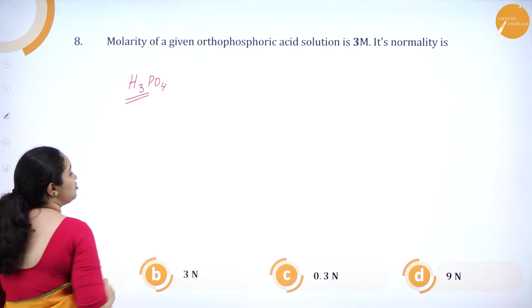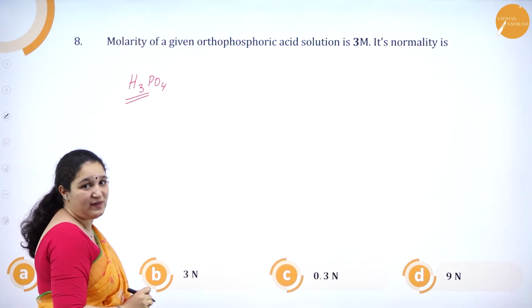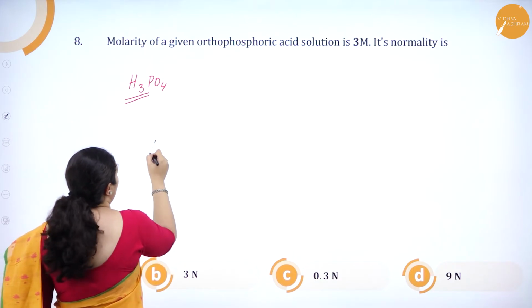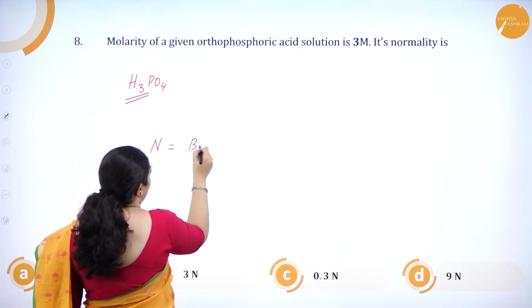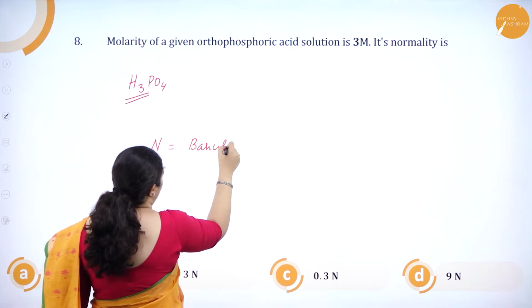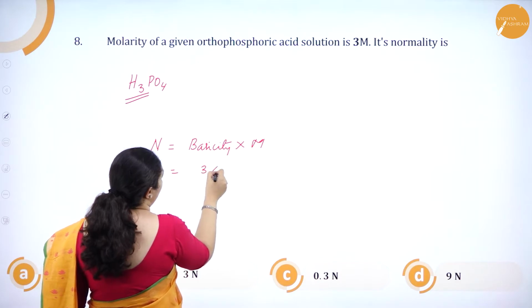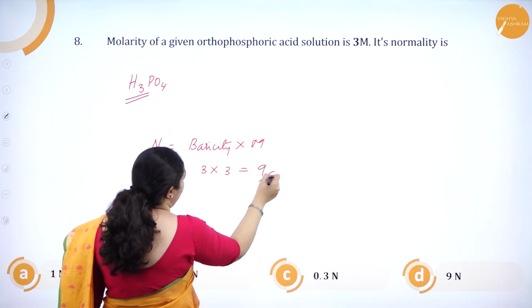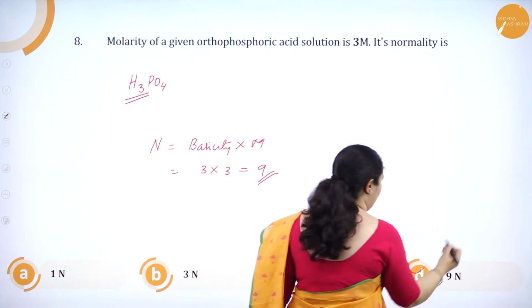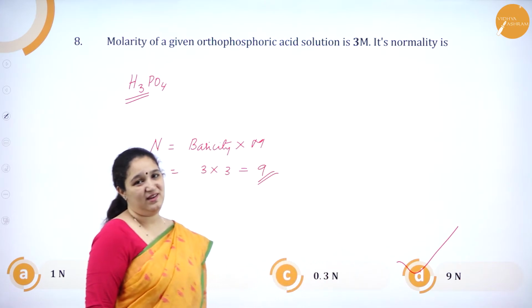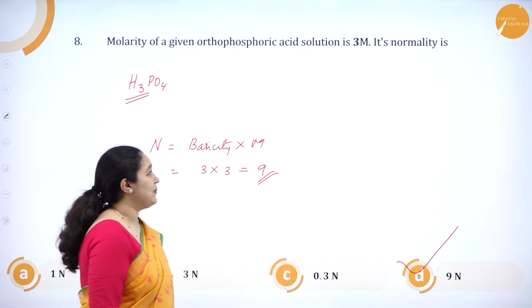So all the 3 hydrogens are replaceable and the basicity of the acid is 3. So normality is equal to basicity into molarity. Basicity is 3, molarity is 3, 3 3s are 9. So normality is 9 normal. Option D is the correct answer. Okay. Next question.